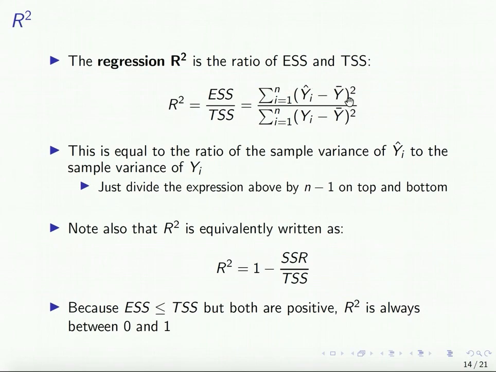Okay, if this term is just as large as this one, then I'm dividing one thing by the same thing, that's going to be 1. It's actually also bounded by 0. Say your model has 0 predictive power, so that you are always way off for any predicted y, then this term would be 0, and this term would be some positive number. 0 over something positive is just going to be 0.